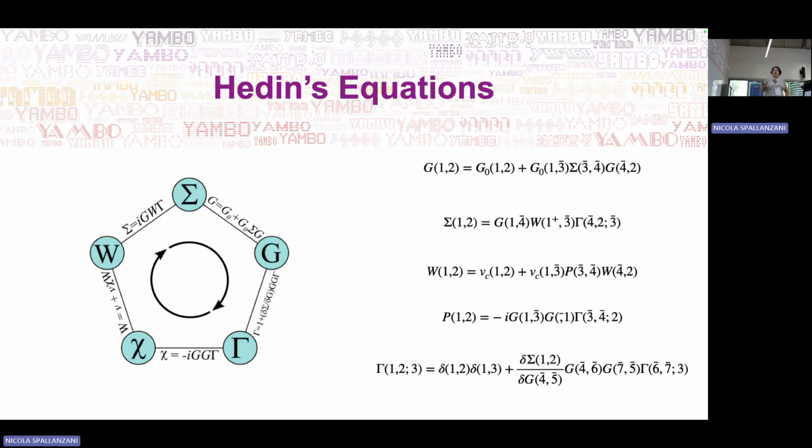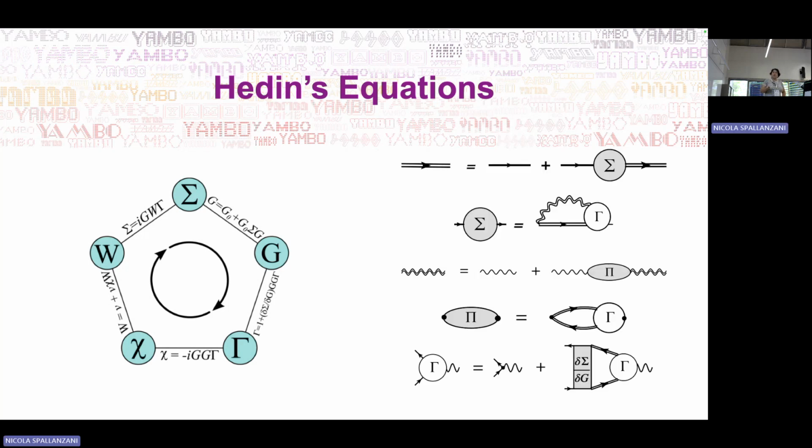Then we have an equation for the screened potential that includes the response of the system, the polarization that we've seen before graphically, and the equations for the rest of these vertices in Hedin's pentagon.